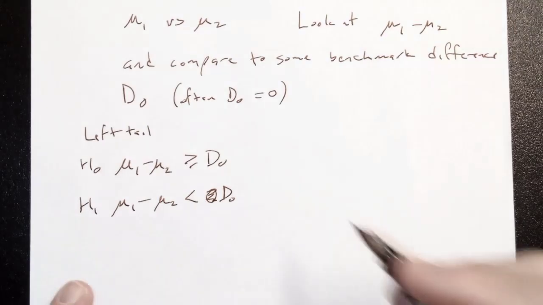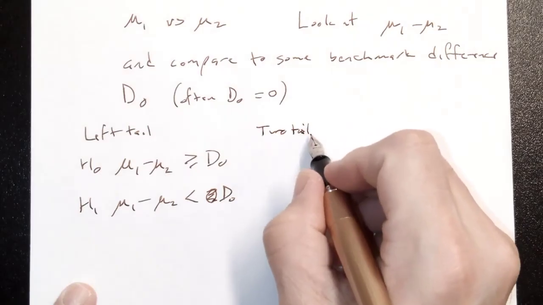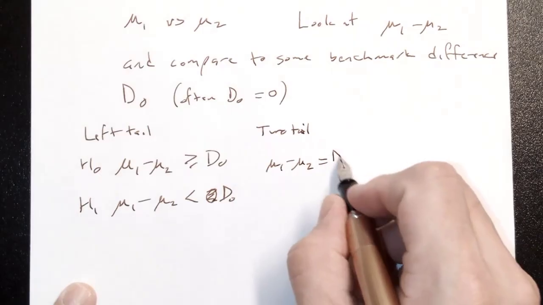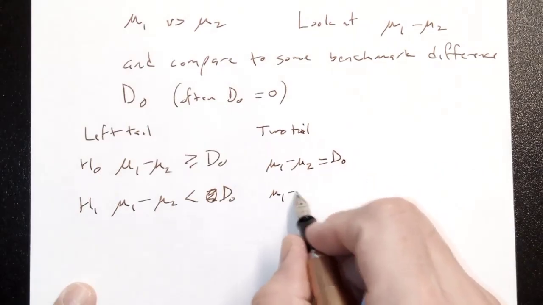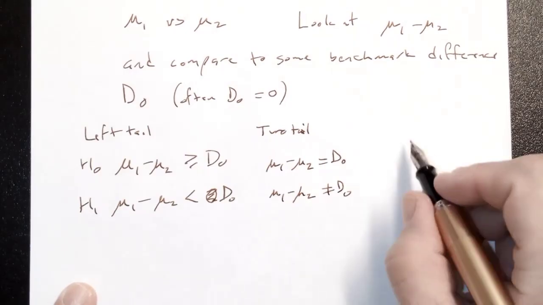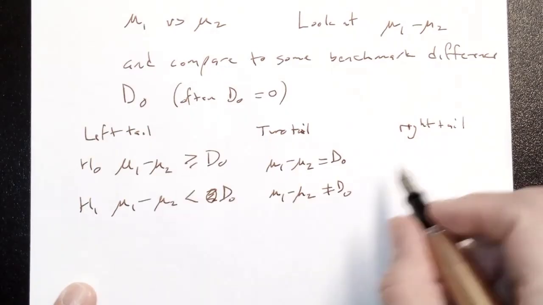A two tail is either equal or not, and a right tail simply reverses these two inequalities.